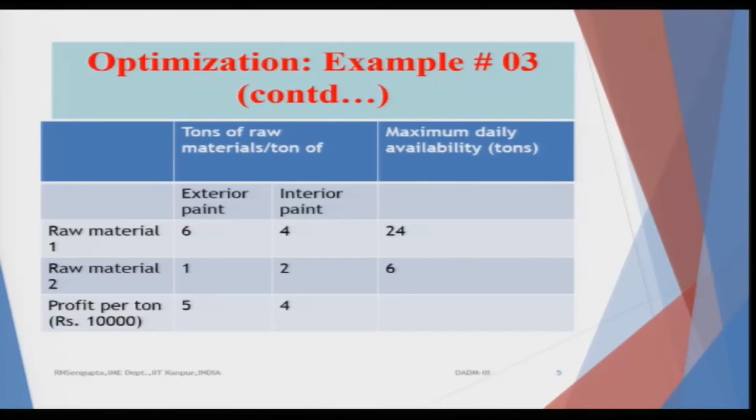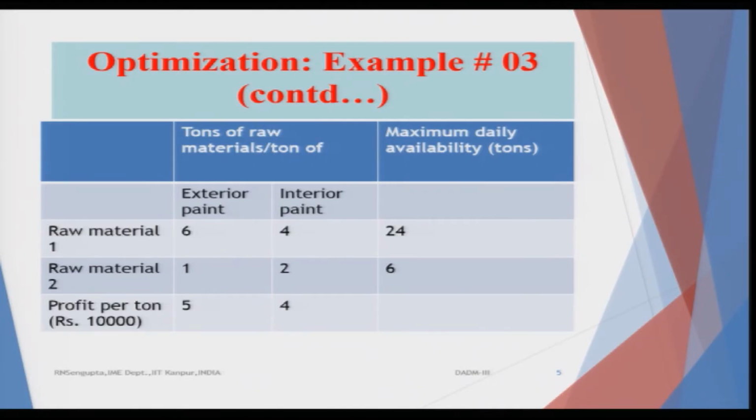So, what is the concept of leftover? I am going to come to that within a few minutes. Now, for raw material 2, the tons required to produce 1 ton of exterior paint is 1 ton. Similarly, for raw material 2 required to produce 1 ton of interior paint, that quantum is 2 tons.